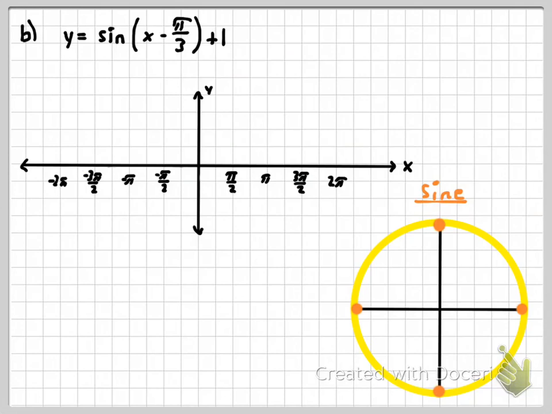Now with a sine function, you have a slightly different pattern. You're still alternating between maximum, medium, and minimum values, but where you start is a little bit different. Because remember, with the sine, when you're at 0, you start at the middle value. You don't start at the maximum value like you do with cosine. By the time you've gone 1/4 of the way through the cycle, you're at a maximum value, which is 1, of course.